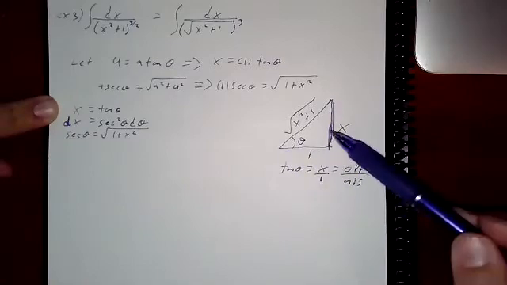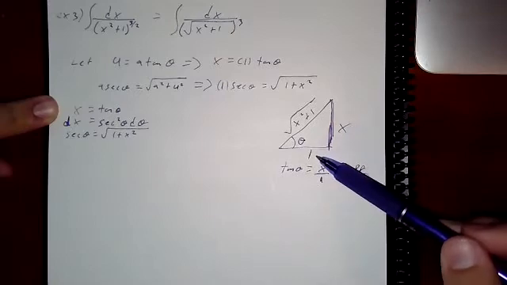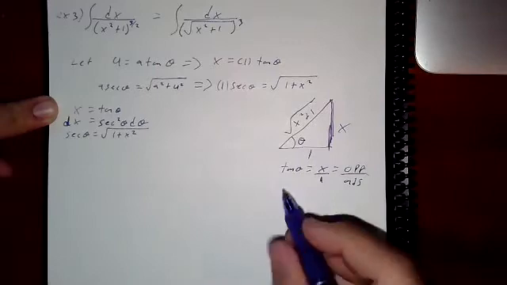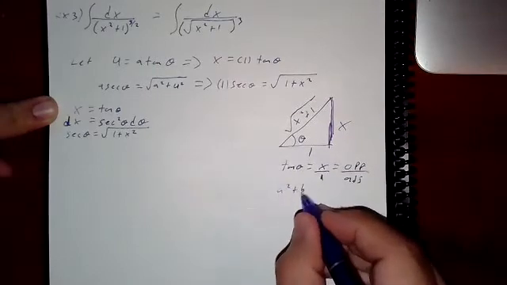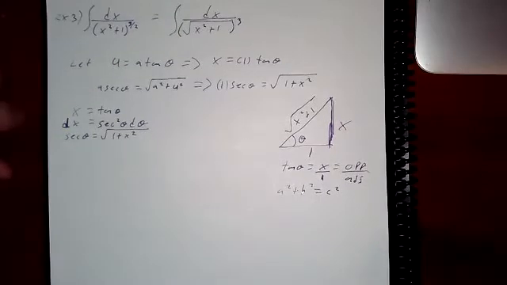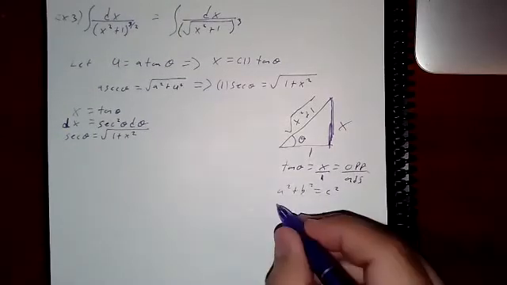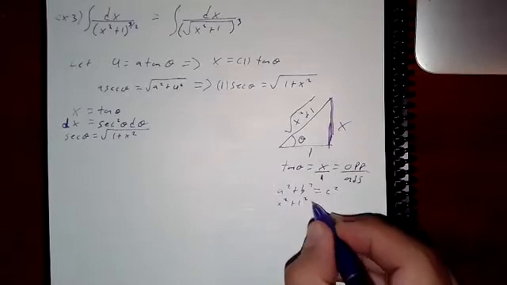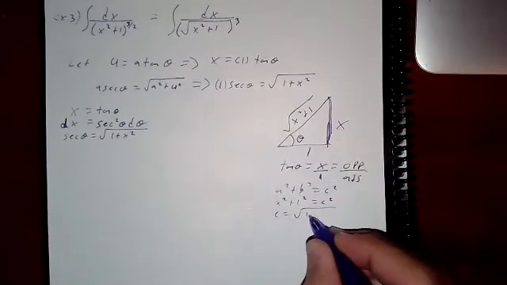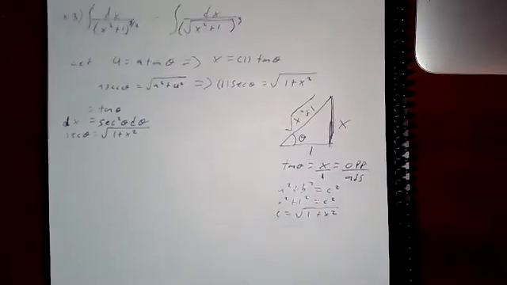So opposite, adjacent. Then solve for hypotenuse. So x squared plus 1 squared is c squared. So c is the square root of 1 plus x squared. That's where that came from.